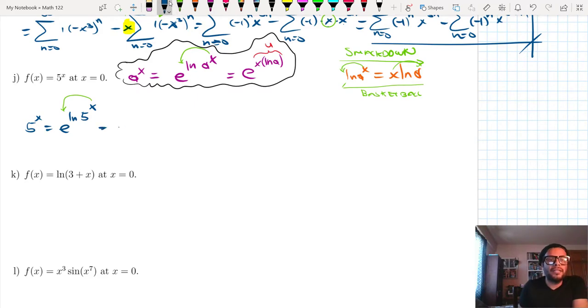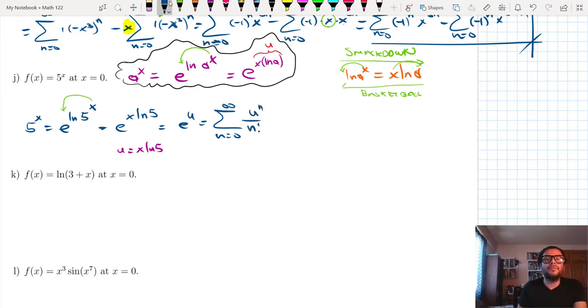So e to the x ln of 5. So in this case, our u will be x ln of 5. So for e to the u, the series representation will be sigma n equals 0 to infinity, u to the n over n factorial.